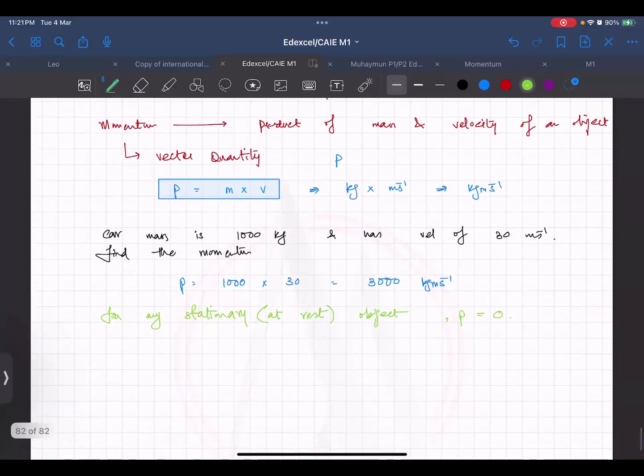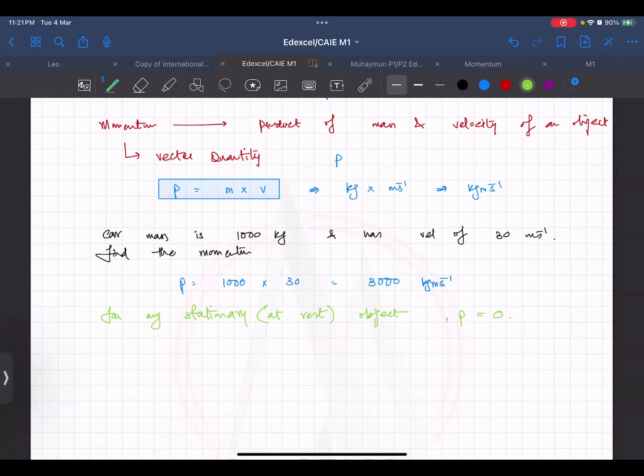If an object is accelerating, it would have an increasing momentum, because the velocity is increasing. If it is decelerating, then the momentum of that object would also be decreasing because velocity is decreasing. So it's a simple product of the mass of an object and the velocity with which it is in motion.